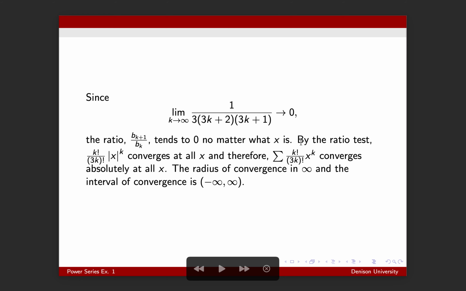So by the ratio test, k factorial over 3k factorial times the absolute value of x to the k converges for all x, and therefore the series k factorial over 3k factorial times x to the k converges absolutely at all x. So the radius of convergence is infinity, and the interval of convergence is negative infinity to positive infinity.